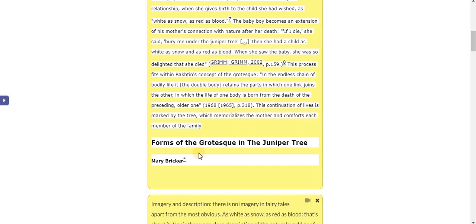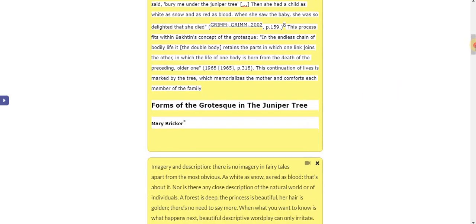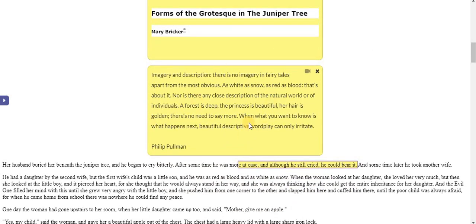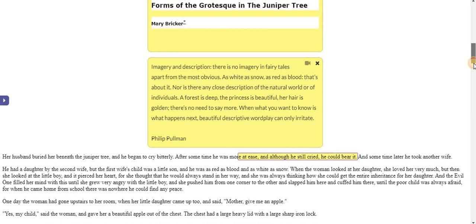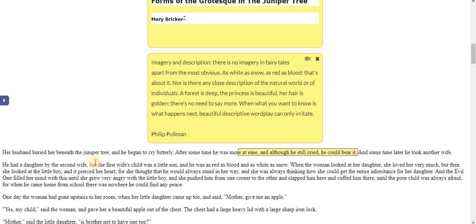So the tree gives comfort to all the members of the family, save for the second mother. We described this in detail when we talked about the imagery part, so I am leaving it. Now we shall move on towards the end of this lecture.